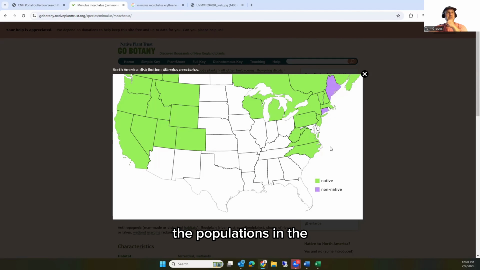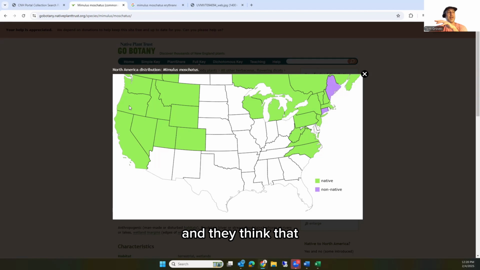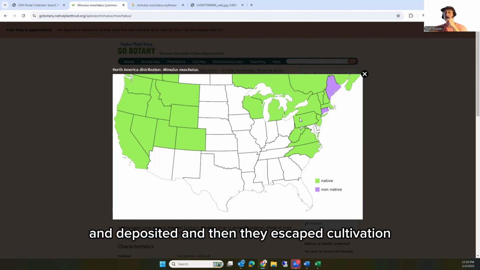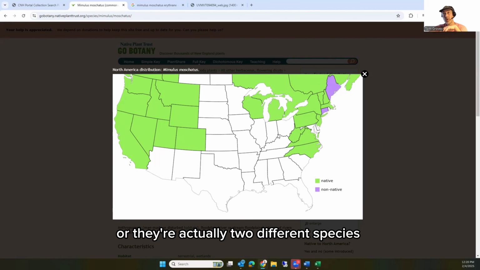The populations in the eastern part of the United States did not have that scent, and they think that there's a story that possibly seeds were brought over to New England and deposited, and then they escaped cultivation. And the other story is that maybe they're just a disjunct population, or they're actually two different species.